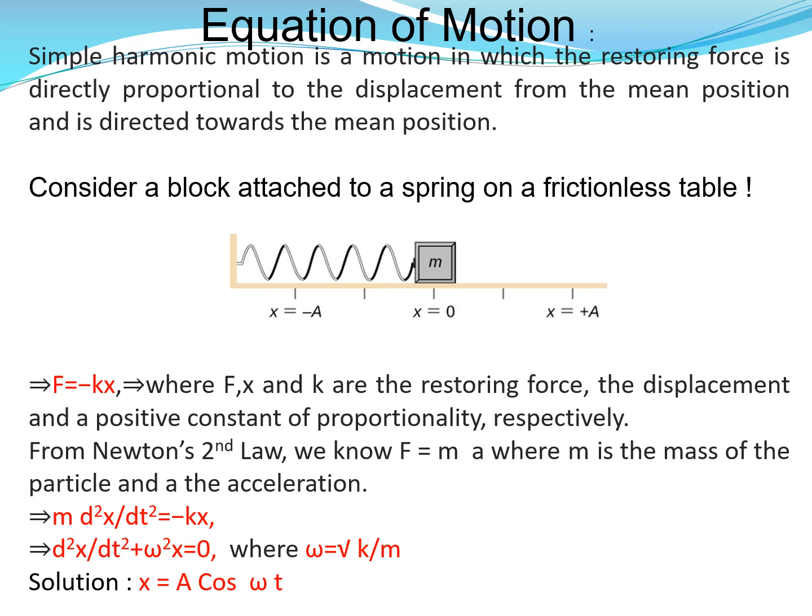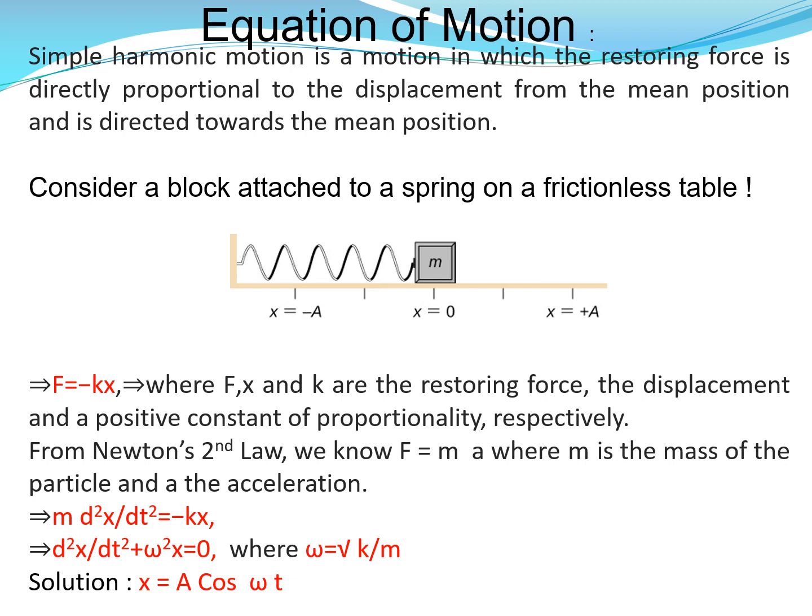Now, from Newton's second law, we know force is equal to mass into acceleration, where m is the mass of the particle and a is the acceleration. Now we can equate these two forces, and I represent the acceleration as the time rate of change of velocity, which is nothing but d square x by dt square.